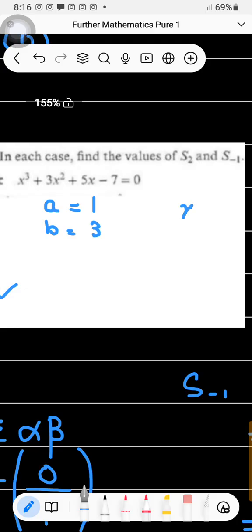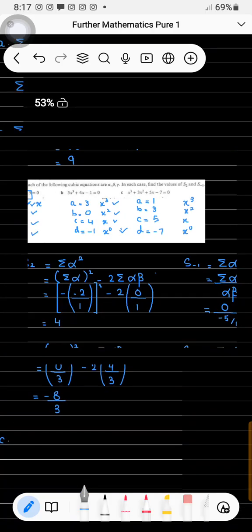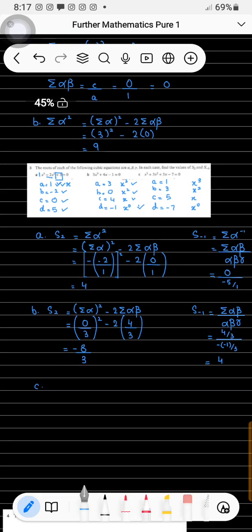As I told you, A is the coefficient with x cube, B is the coefficient with x square, C is the coefficient with x, and D is the coefficient with x power 0, meaning the x is not written. So the coefficient with x cube is 1, with x square is 3, with x is 5, and D is negative 7. Okay, so we have to do part C.